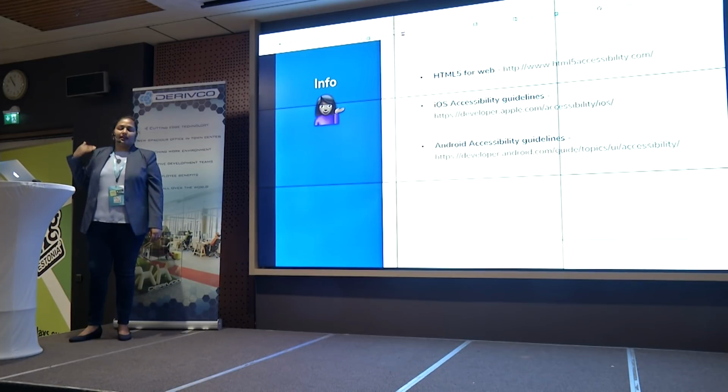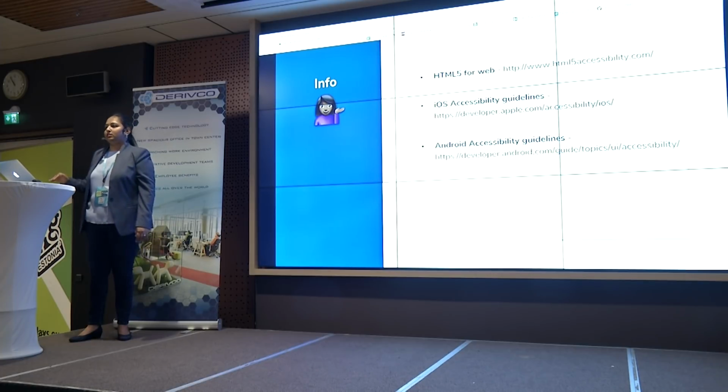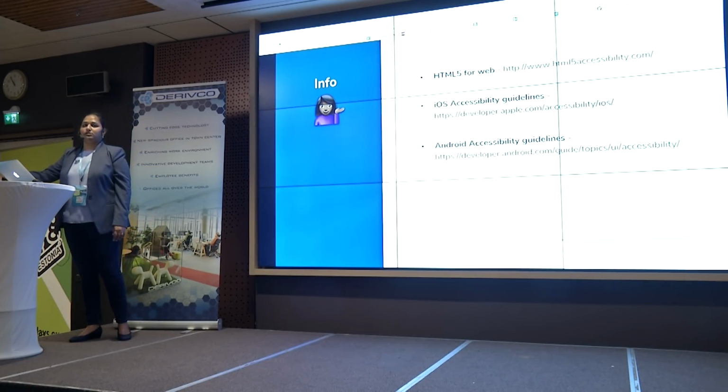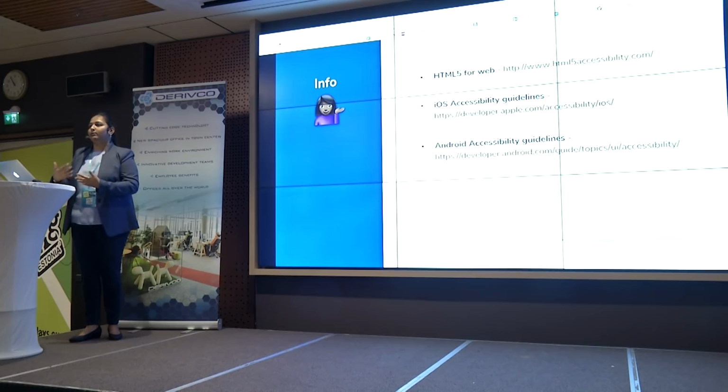And for iOS and Android, stick to the developer guidelines. Those are your standards, which would give you an in-depth resource on how you can build your product really well for those OSs to work well with their native accessibility support.